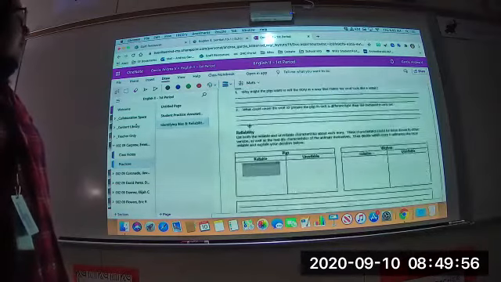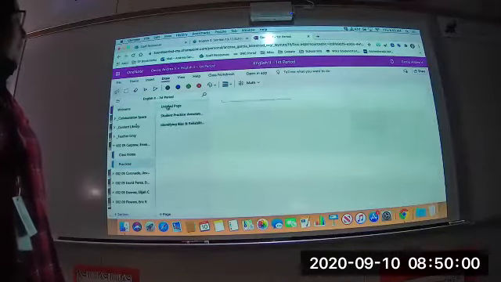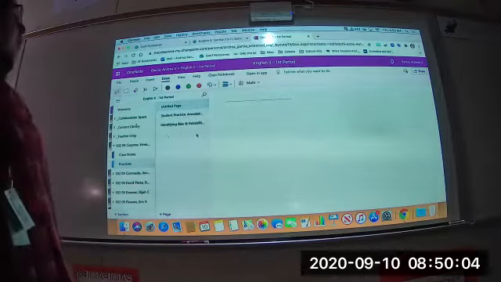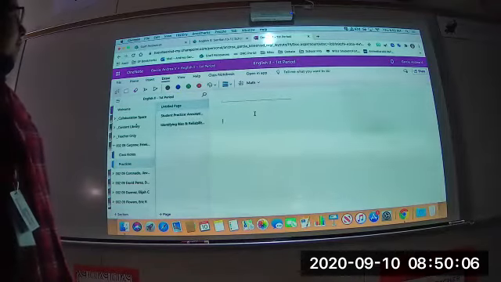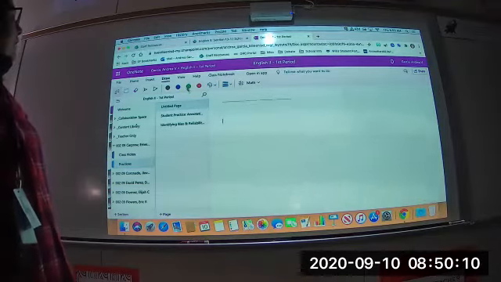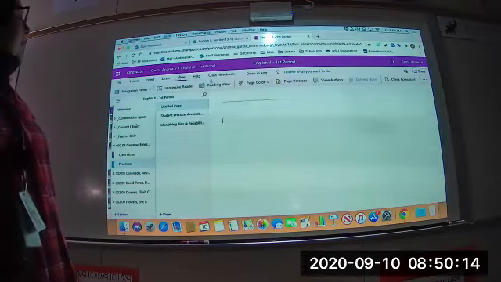The other thing I want to show you is where it says Untitled page, you can actually take your own notes here. So you can put a date and say these are notes for whatever and take the notes in there.